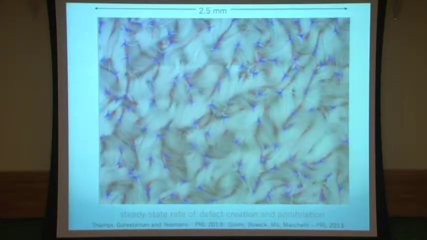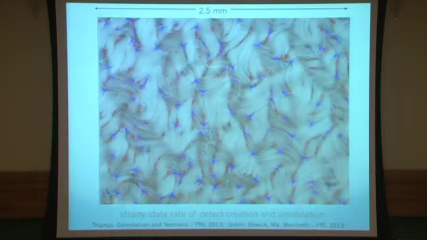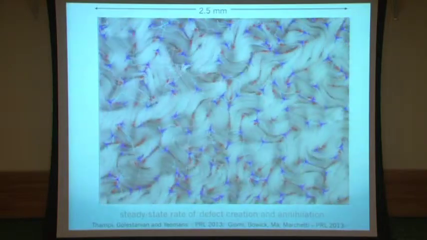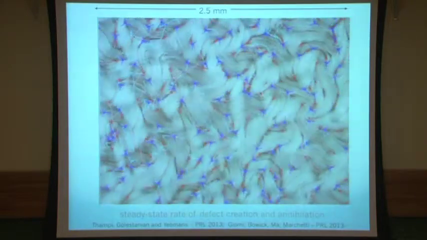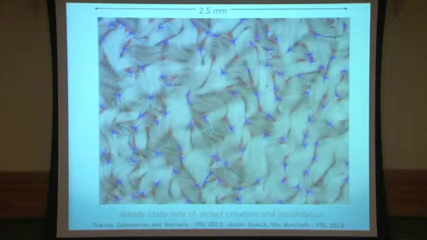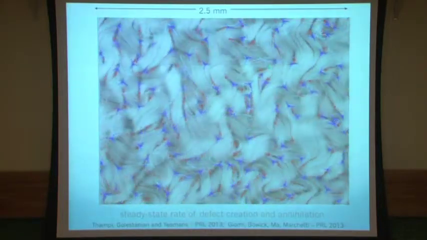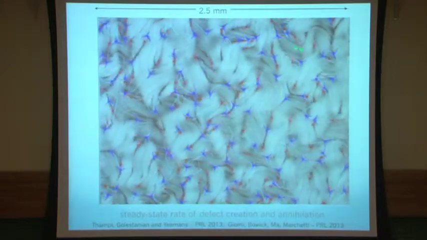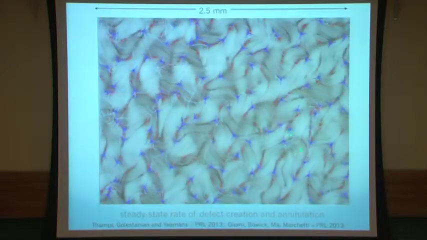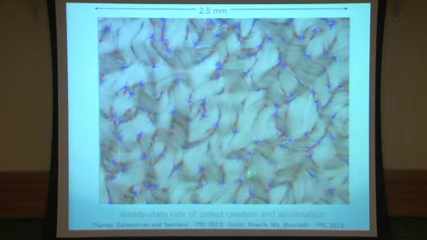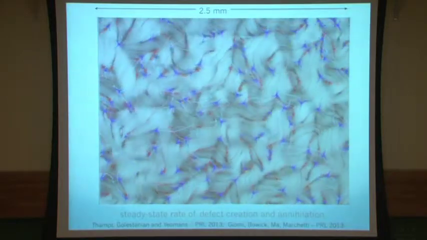They have a fleeting existence: they're created, they live for about 30 seconds, and then they meet their oppositely charged pair, and then they die, okay? And so we can now do this tracking on a large scale, and we can ask questions about what the dynamics of these defects are and how we quantify it.